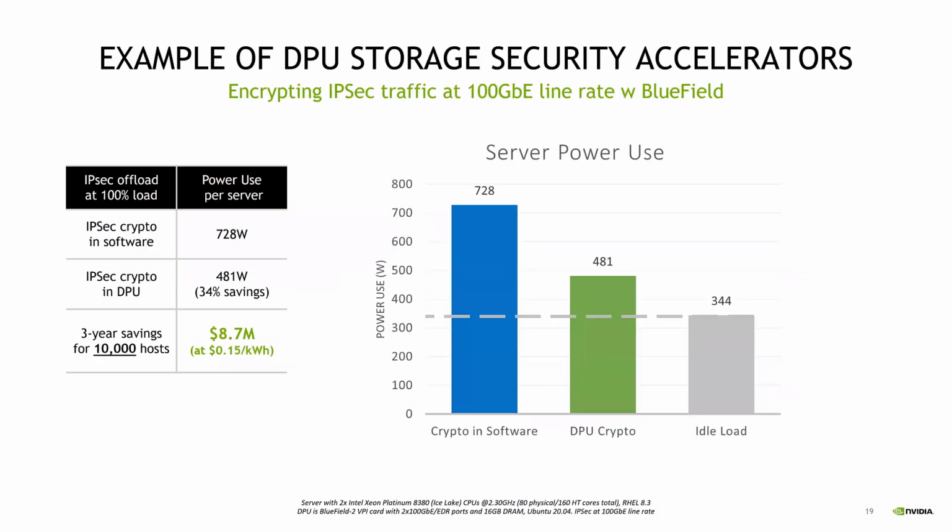In this example, just focusing on the DPU's encryption accelerators, you can save 34% on the power cost with IPsec encryption, which, as you can see at the data center scale over many years, can add up to real money.